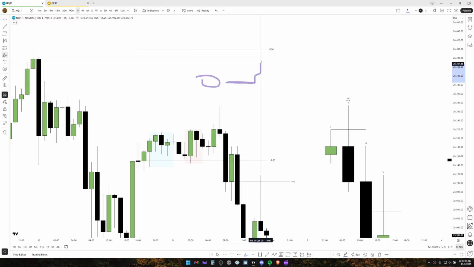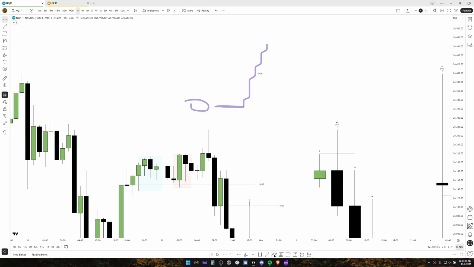If we create the wick and the candle's expanding up, then for the candle to be formed bearish, we have to come back down, flip this open and start creating the body of the bearish candle.